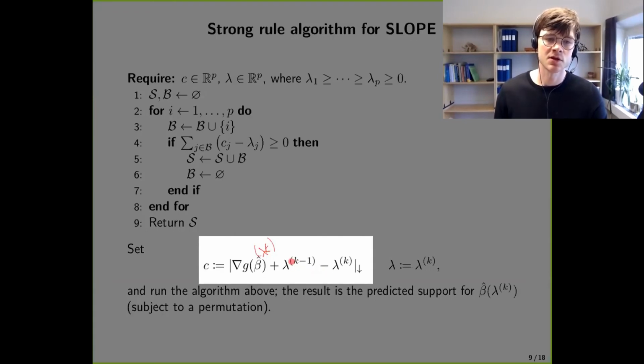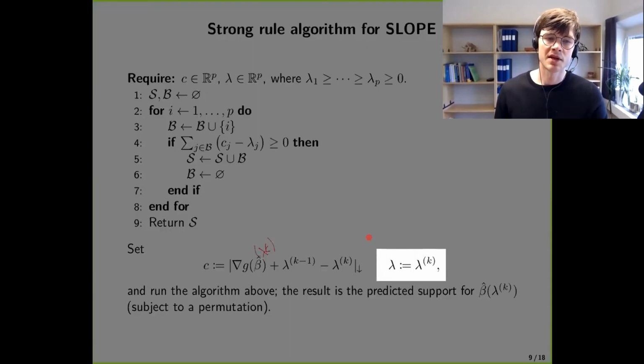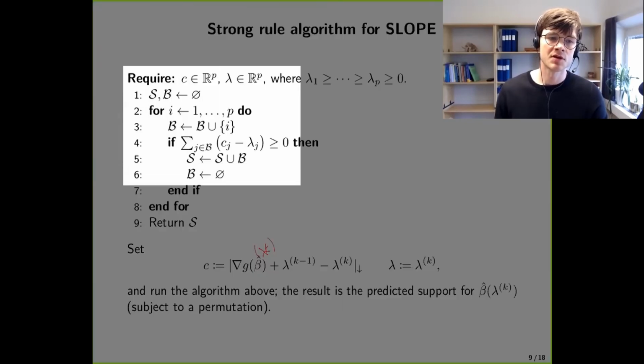So notice that in contrast to the lasso, these are sequences now. Lambda k minus 1 is a sequence of lambdas, and lambda k is also a sequence. Then we're going to set lambda to be lambda k, the current lambda. And then we run the algorithm.